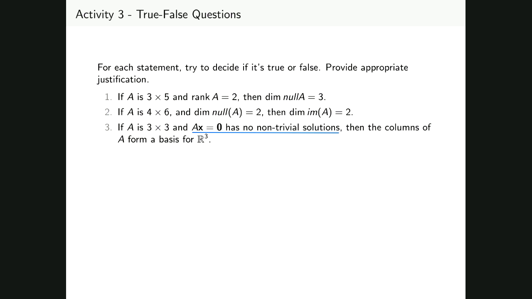Recall that the image is the span of the columns. So the dimension of the image of A is going to be the dimension of the span of the columns.